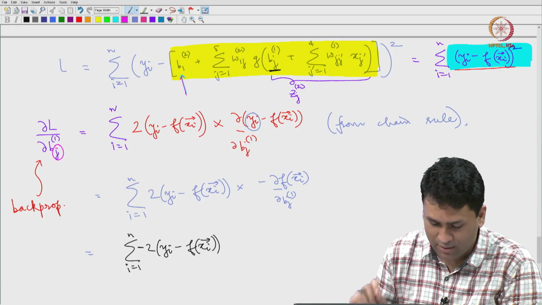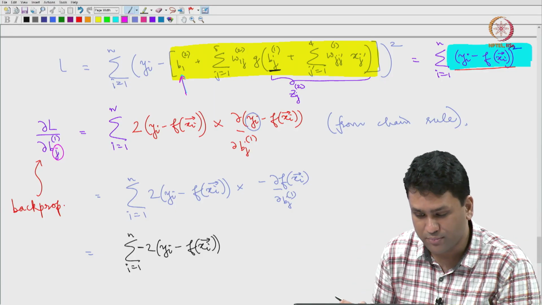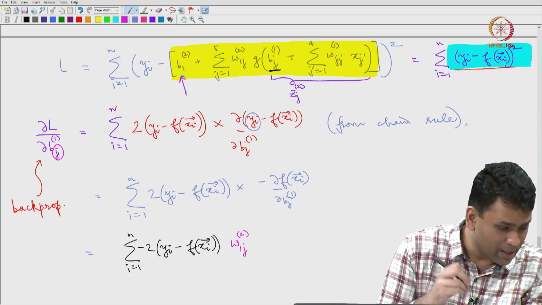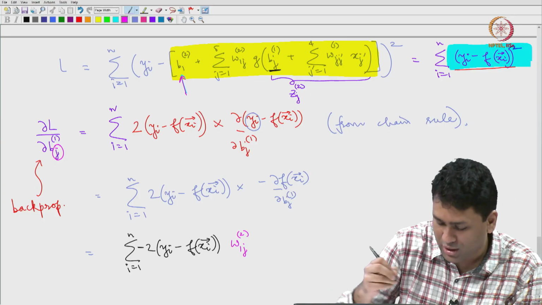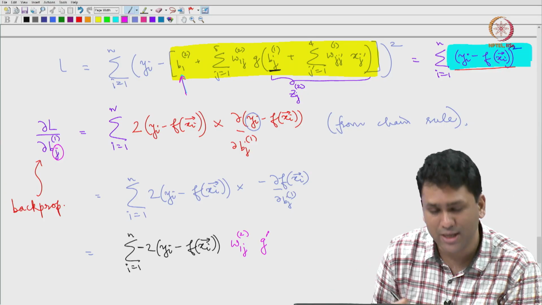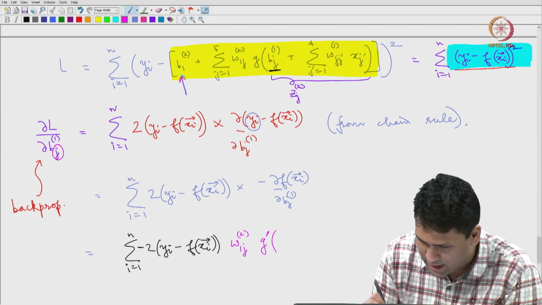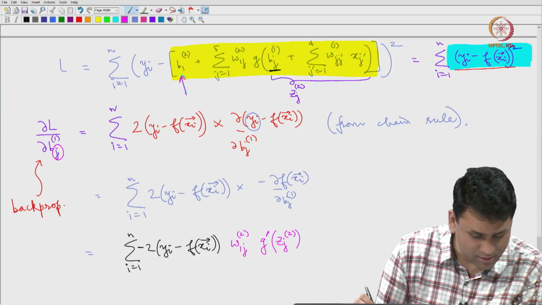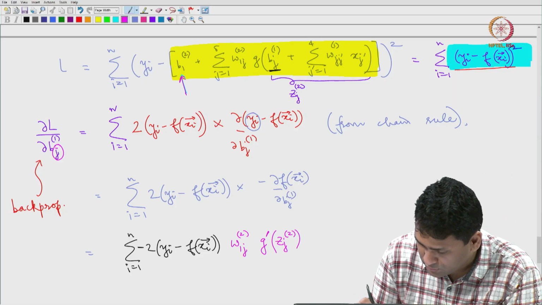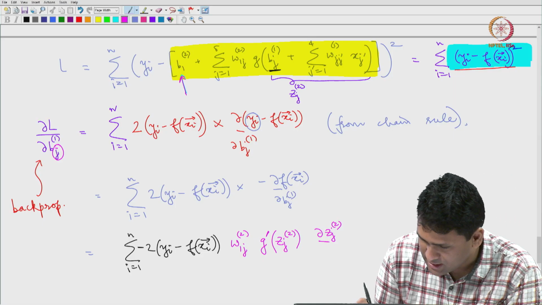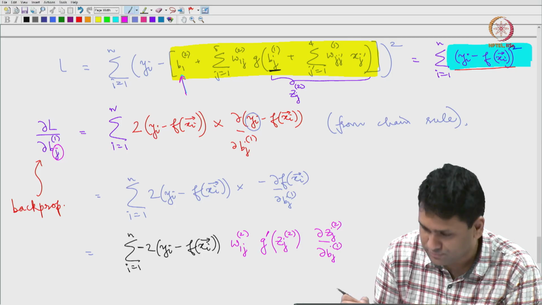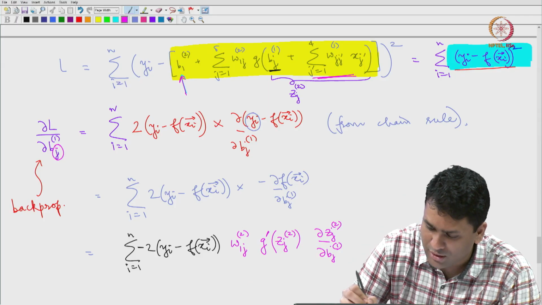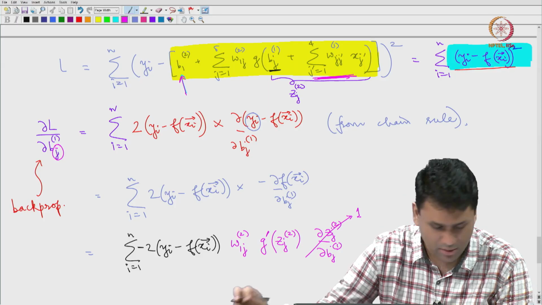So, the summation will disappear, and what just remains is w1j2, and then you will have to take the derivative of what remains. So, that is g dash. Primes are used to represent derivatives. So, g dash zj2 times the derivative of zj2 with respect to bj1, and you can see from here this term will not contribute. So, this is essentially just 1.